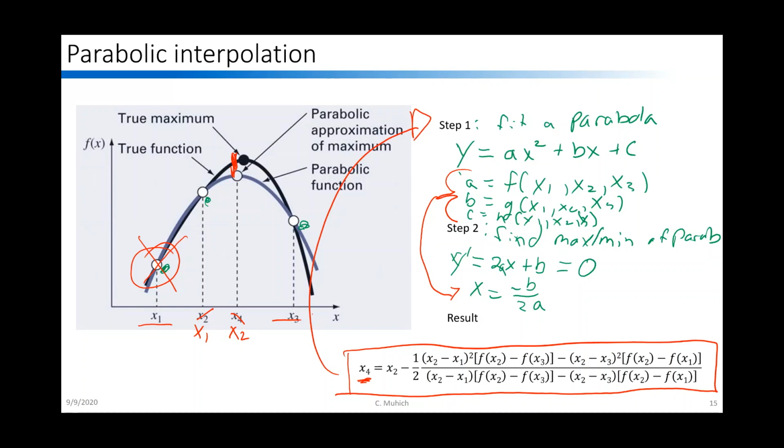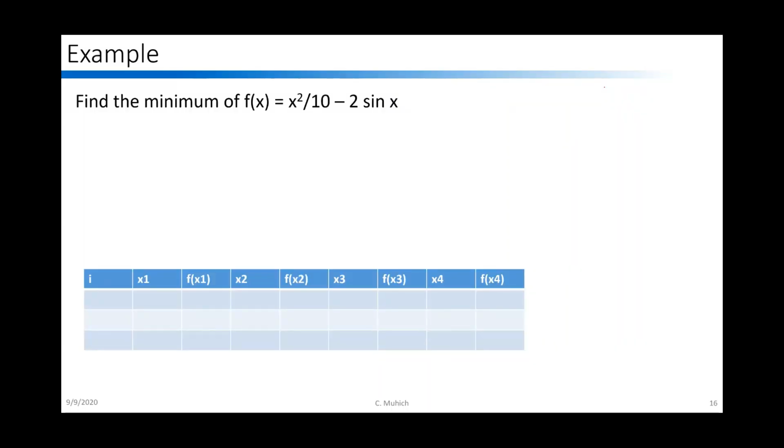Good. So let's take this and put this into practice. We're going to use the same function that we used with our previous examples in order to see how the parabolic interpolation is going to work. So once again, we're going to use f equals x squared divided by 10 minus 2 sine x.